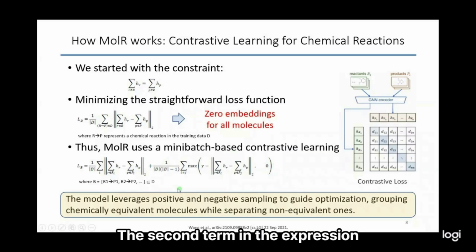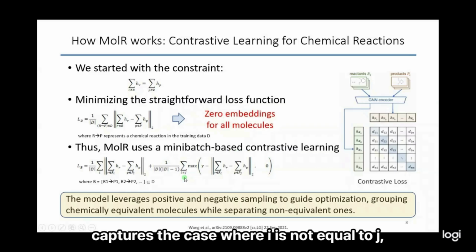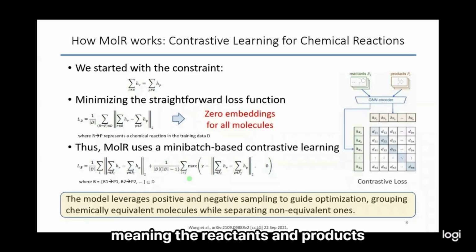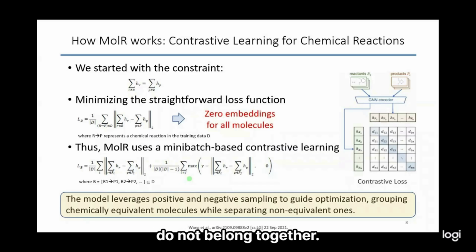The second term in the expression captures the case where i is not equal to j, meaning the reactants and products do not belong together. In simple chemical terms, these reactants are not expected to produce these products.